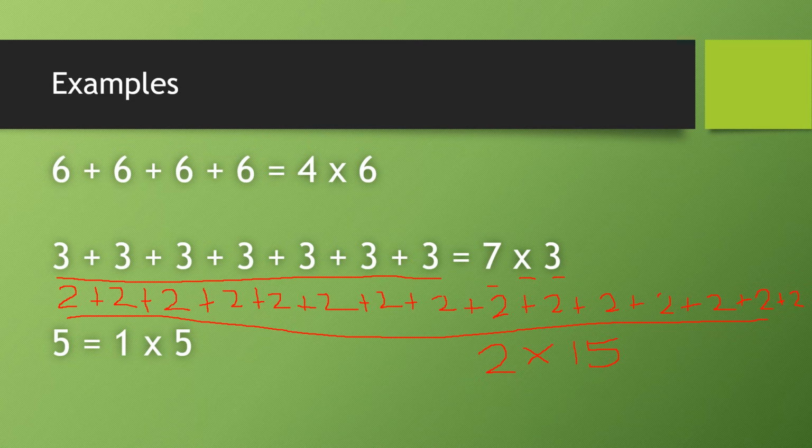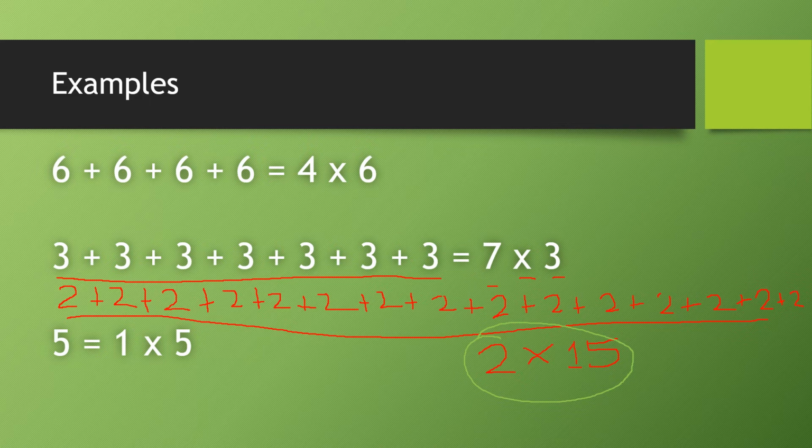See, it's very easy. Rather than writing 2 plus 2 plus 2 plus 2, which is very tiring, the easiest way is to write 2 times 15, which is the same as this one.